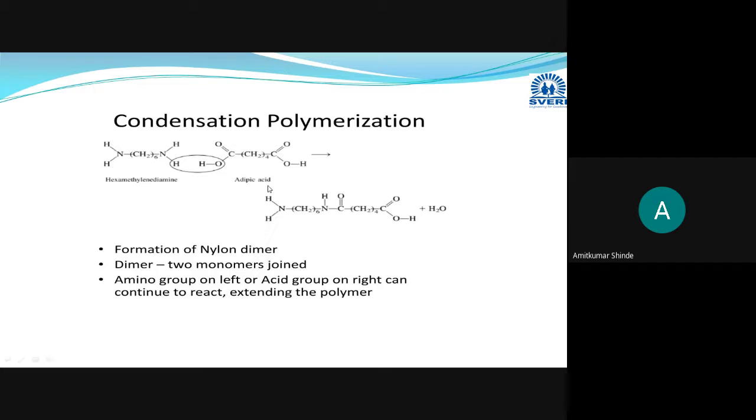Now this is adipic acid. Adipic acid will be added, or you can say it will act as an accelerator to the process, or it will help to join the different monomers. They will get combined.